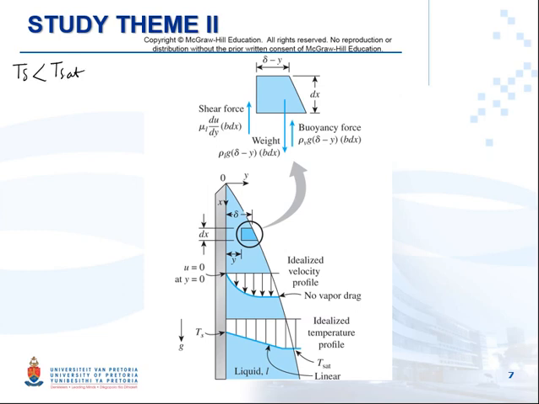If we start with this volume element in the x direction, I can say that sigma Fx should be 0. Do you agree with me? So F1 should be equal to that. So what we have is the viscous shear force.